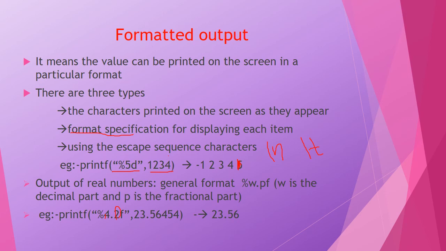Only 2 numbers should be there after the point. The value given to us is 23.56454. We wanted only 2, so the answer will be 23.56. This way of printing the output, we call it the formatted output.